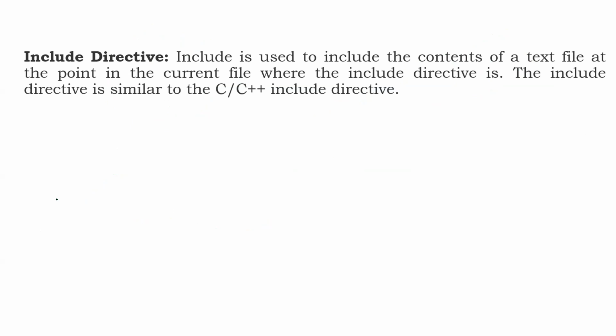Include is used to include the contents of a text file at the point in the current file where the directive appears. It is similar to C++, where you can include files at the beginning, generally header files. So here is the syntax: include space file_name. Don't forget to put the quotes.